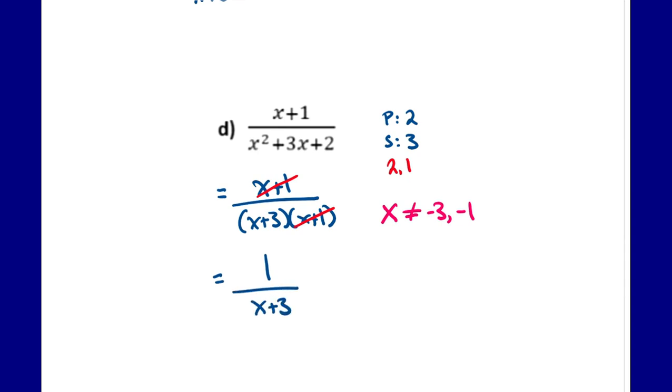Oh, not 3. Sorry, my mistake. That should be a 2. So x can't equal negative 2 and negative 1. My simplified form is 1 over x plus 2. And the restrictions are that x cannot equal negative 2 and negative 1. And that's my simplified form with restrictions.